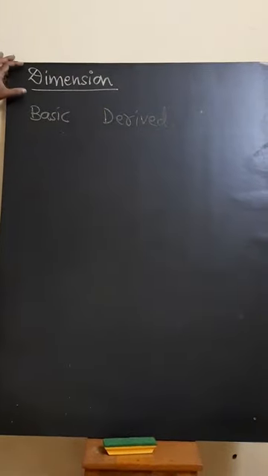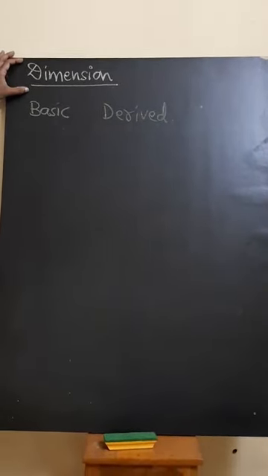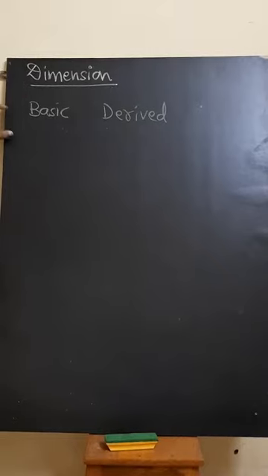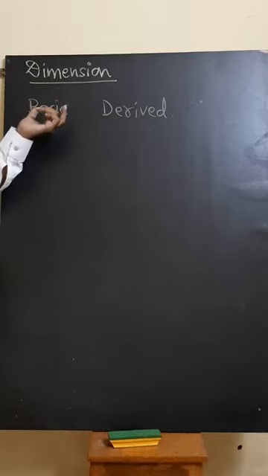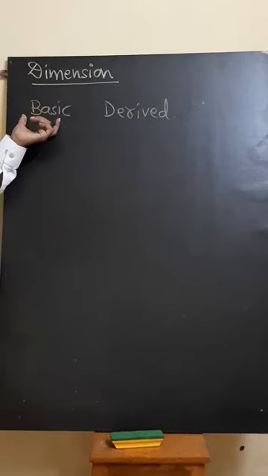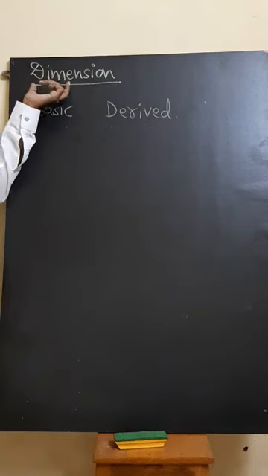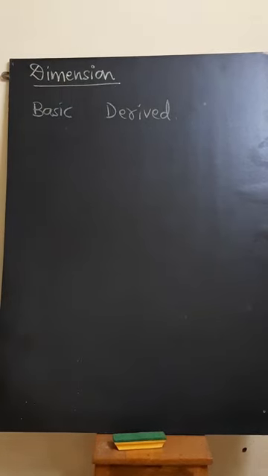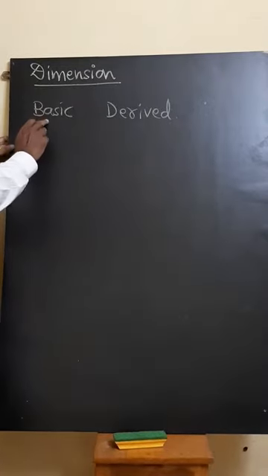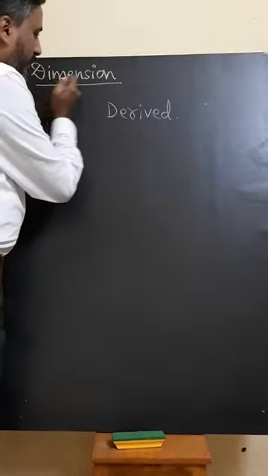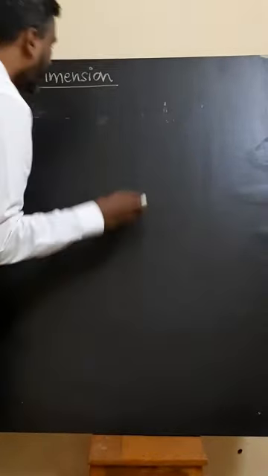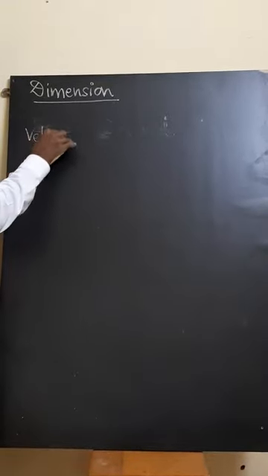But here we calculate dimensions only for the derived physical quantities, because dimensions are nothing but the powers of the basic or fundamental physical quantities, because in a dimension we express all the physical quantities in terms of basic or fundamental physical quantities. For example, suppose I want to express one derived physical quantity, that is velocity.